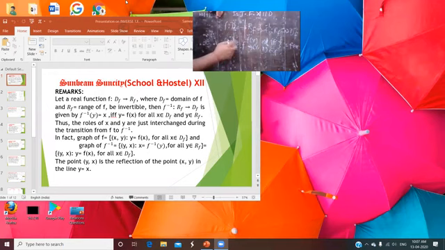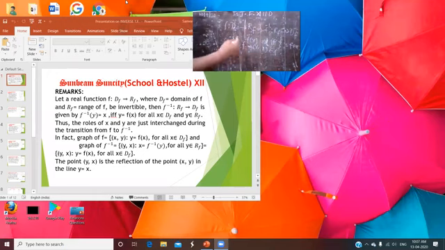If you want to find the graph of f, the first element of each ordered pair is plotted along the x-axis, and the second element is plotted along the y-axis.